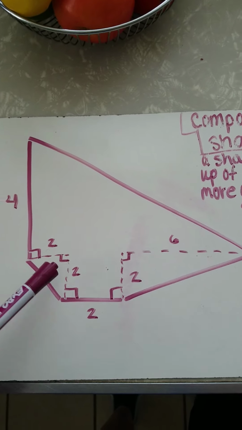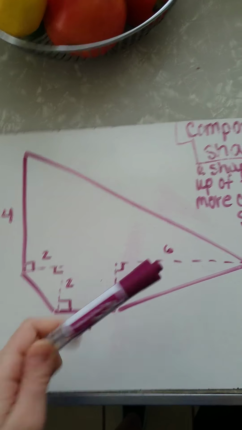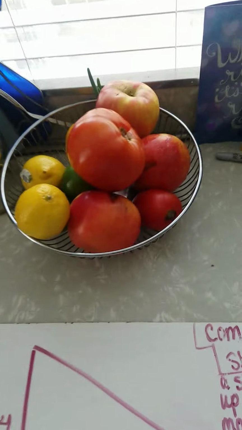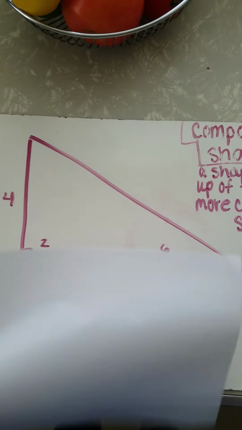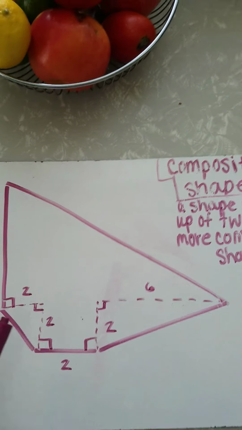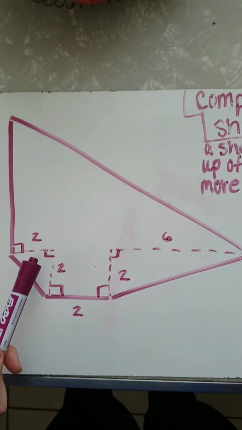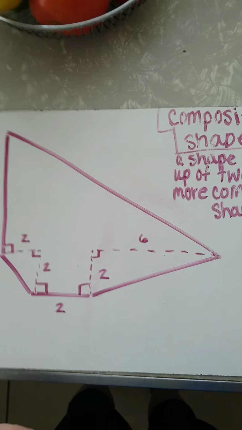I see a triangle here, a square here, a triangle here, and then say I took that all away, what's left? Another triangle. So I have 3 triangles and a square. So I have to use all those formulas to find the area of each single shape and then add them up.